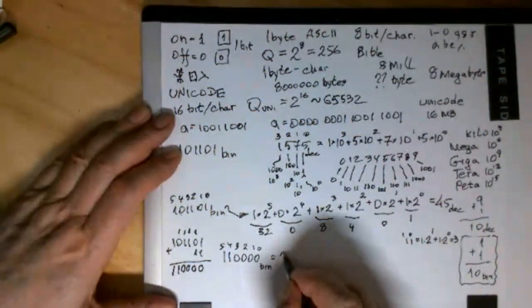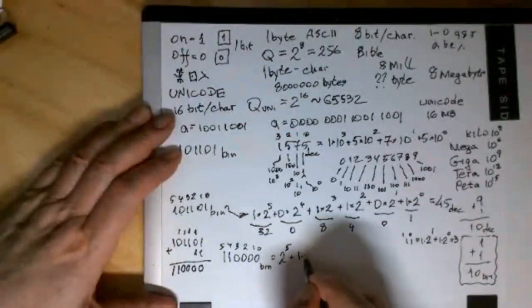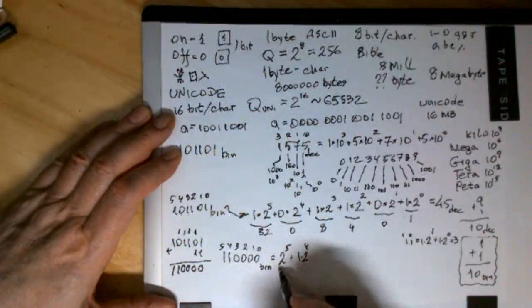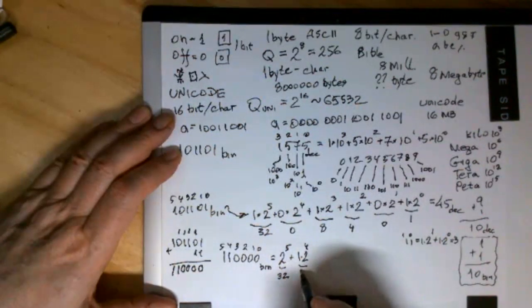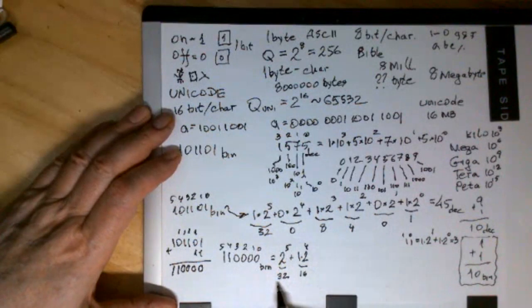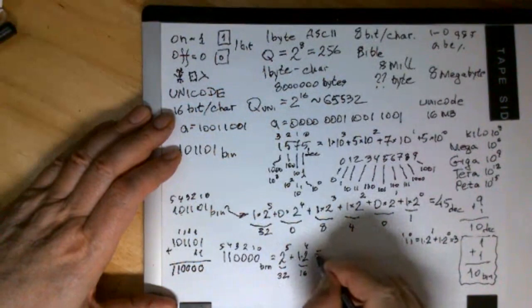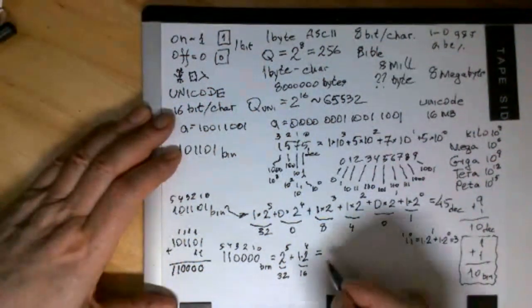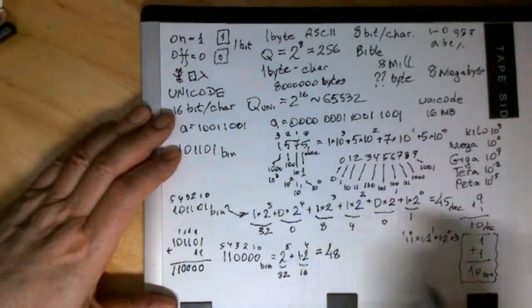So that will be 2 in the power of 5 plus 1 by 2 in the power of 4. All other digits are zeros, you can see here. So 2 in the power of 5 is 32. 2 in the power of 4 is 16. So that will be 48.